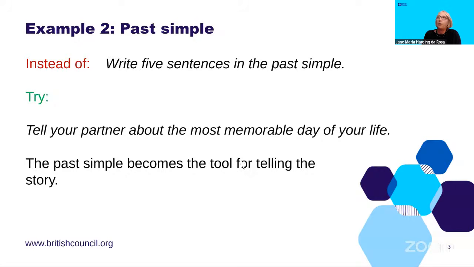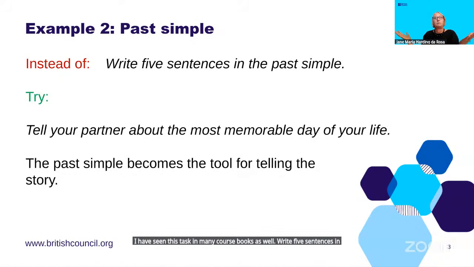Okay, next example. I have seen this task in many course books as well. Write 5 sentences in the past simple. About what? Just about anything? Give it a meaningful task. Tell your partner about the most memorable day of your life.